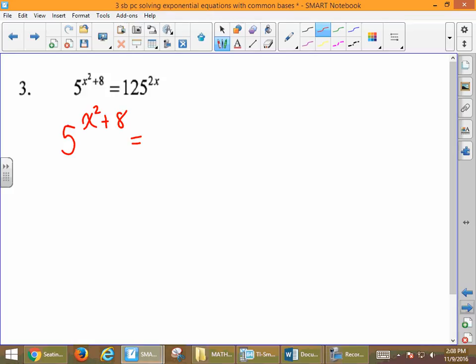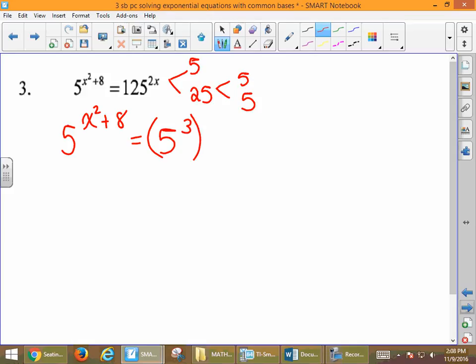But over here on the 125, we may need to make our factor tree, which is 5 times 25. And then 25 is 5 times 5. In other words, instead of writing 125, we can rewrite it as 5 cubed. There's 1, 2, 3 5s here.